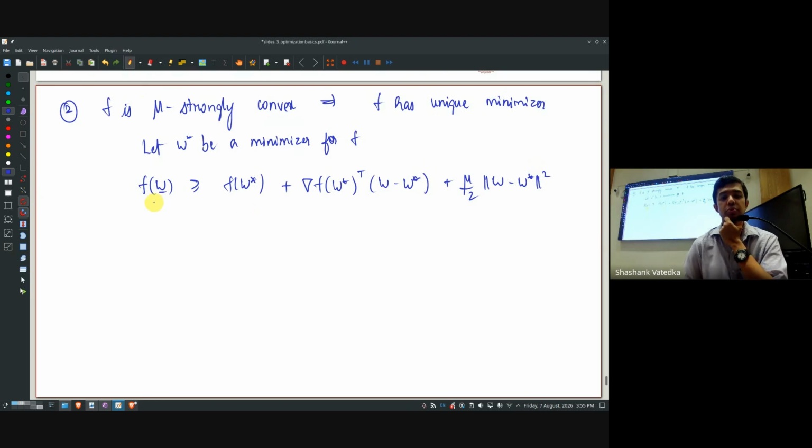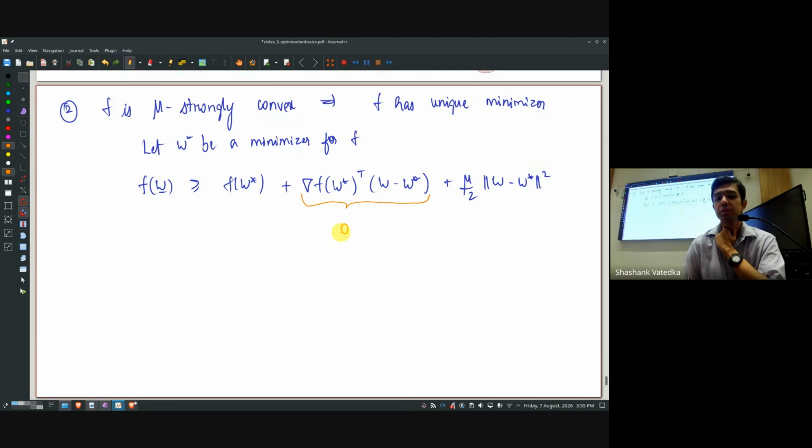Okay. So again, I get this just by definition of mu strongly convex. But what can I say about the second term? What should this be equal to? 0. Why? It's a minimizer. So w star is a minimizer, so the gradient at that particular point should be equal to 0.